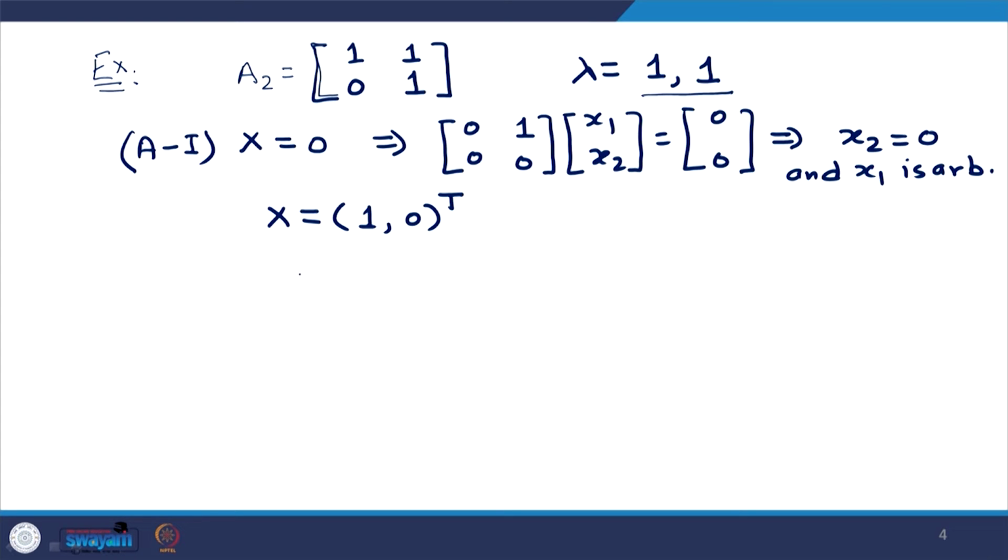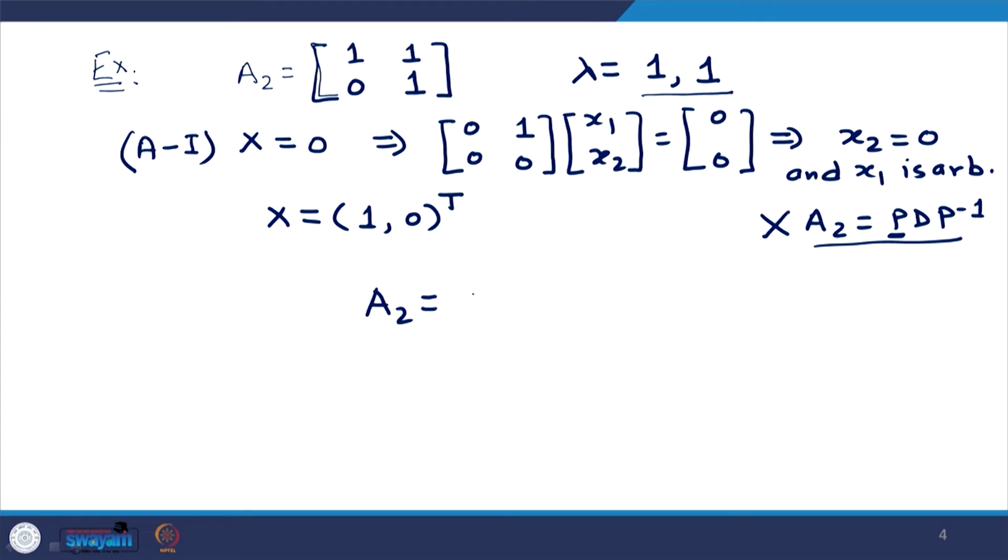So, this matrix cannot be written as A2 equals P D P inverse, because we cannot form the modal matrix P, as we have only one eigenvector. So, we cannot have this kind of diagonalization of the matrix A2. Hence, we have to see a more general version for writing this kind of similarity transformation. So, here the role of Jordan canonical transformation comes.